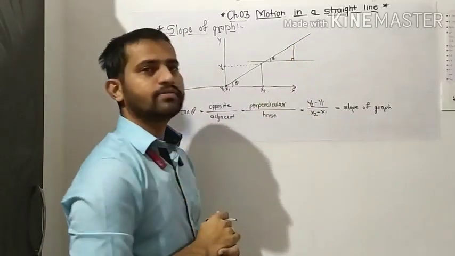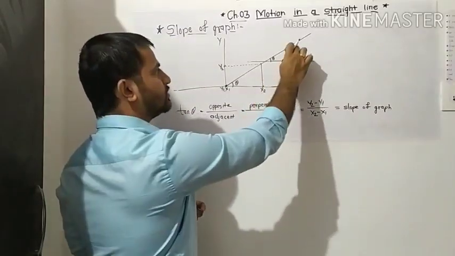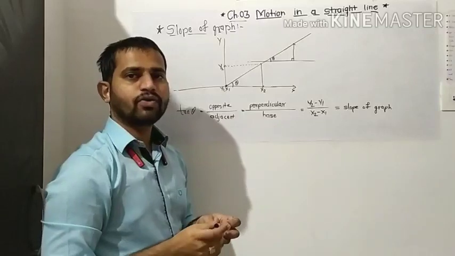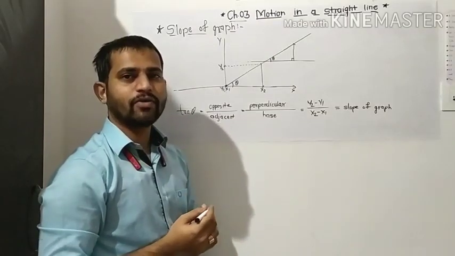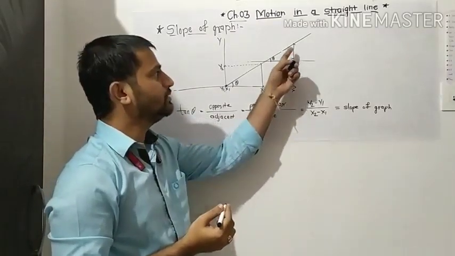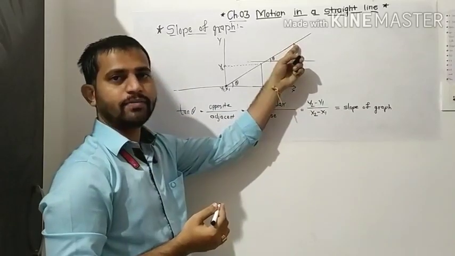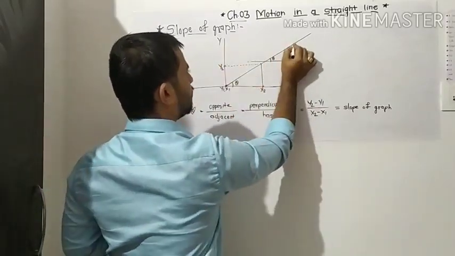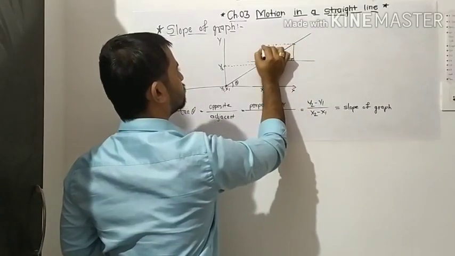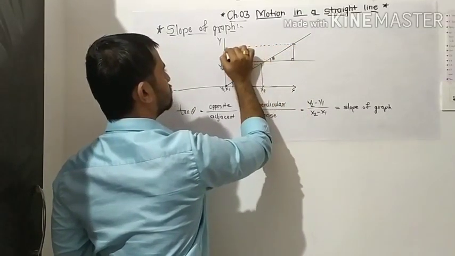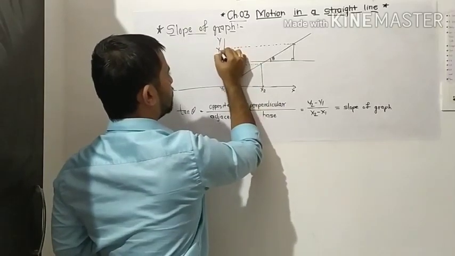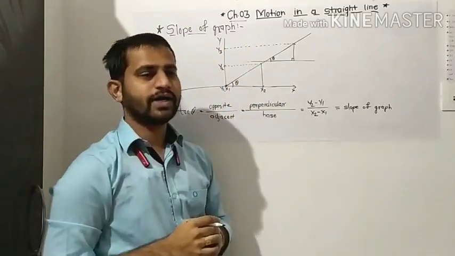Then the coordinate of this point we can find out by drawing the perpendicular from this point on the y-axis. If we draw one perpendicular, it will be, suppose, y3.